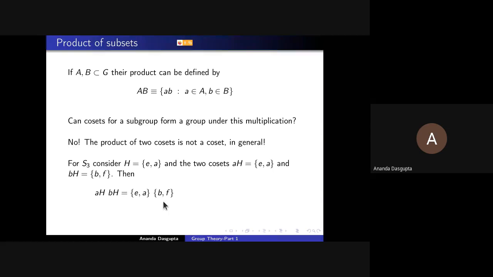So it looks like 4 elements, E with B, E with F, A with B, A with F. Sorry, there were typos on the slide, I missed the equal to sign, and this should not be EE.